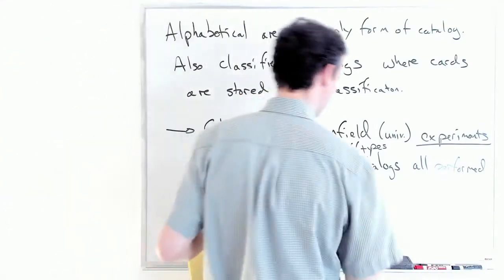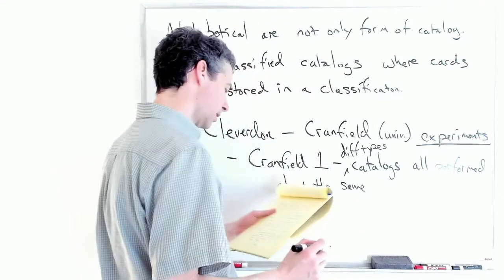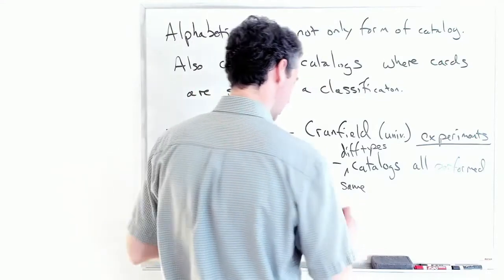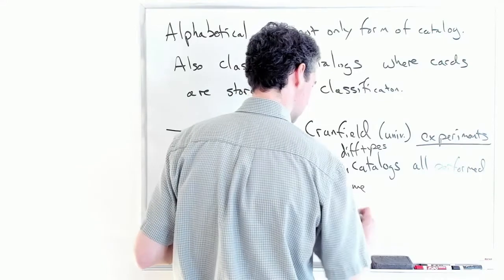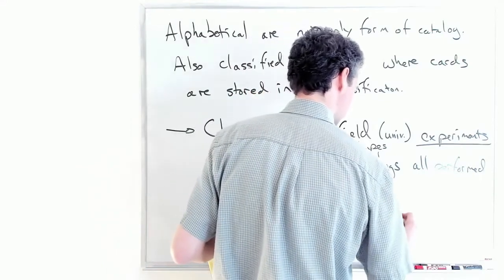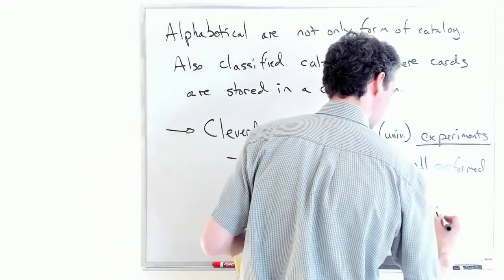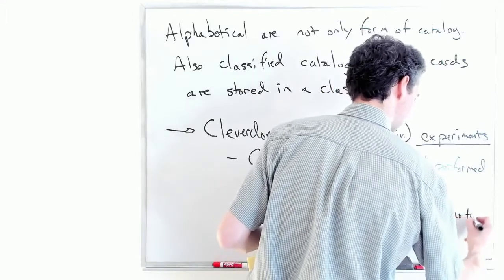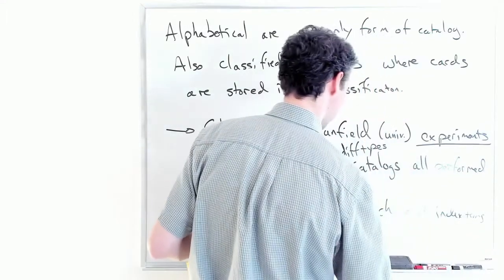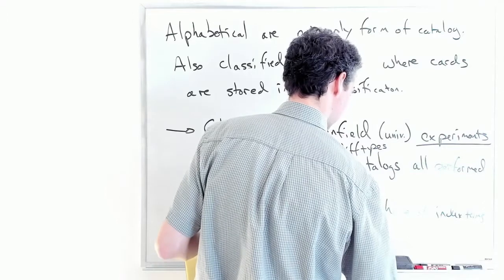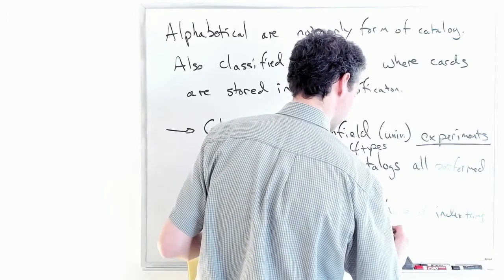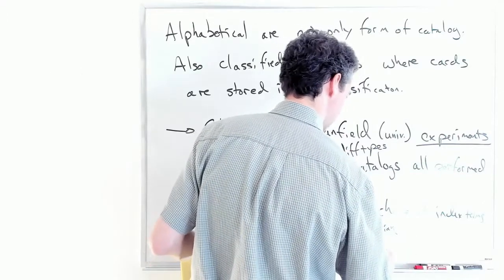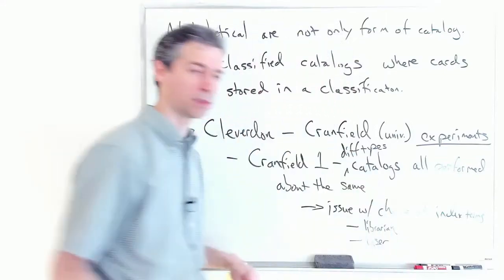But what he did find is that the big issue was choice of the index terms. And this was both from the side of the library or the person who had done the indexing, as well as the user, the person doing the searching.